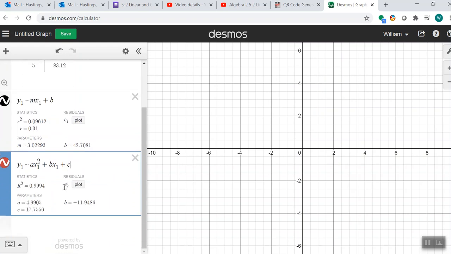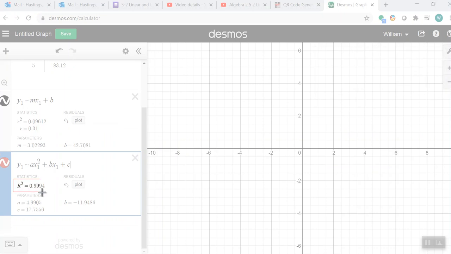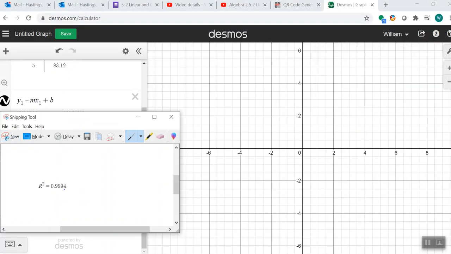And now guys, you can see here, look at this r squared value. We have 0.999. Guys, that is as close to 1 as you could possibly get without it really being 1. Alright, and so we should know that we're looking for a quadratic regression.